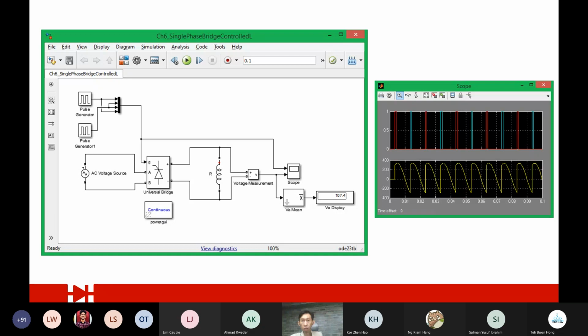Okay, try to find the old one I showed here. Inductive load. Oh, okay, still here.